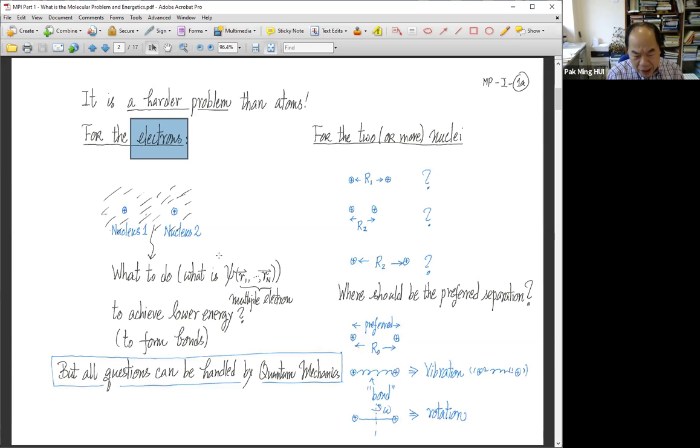That is to say, what should our wave function be, for which the wave function squared will give us how the electrons distribute themselves so as to bind the two nuclei together to form a molecule. Okay, so that is question number one.